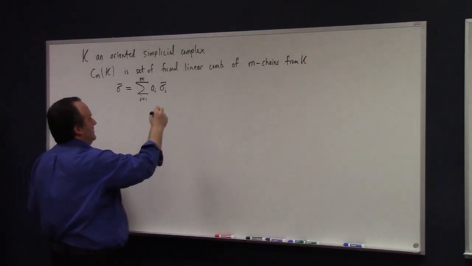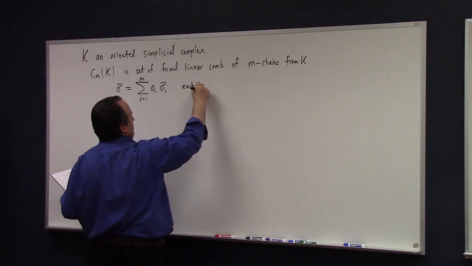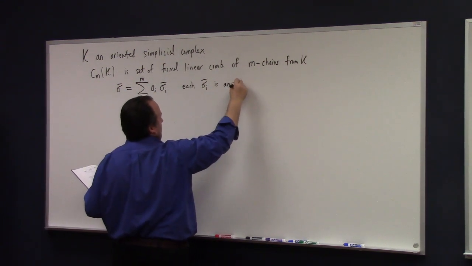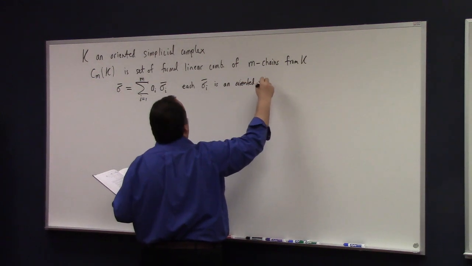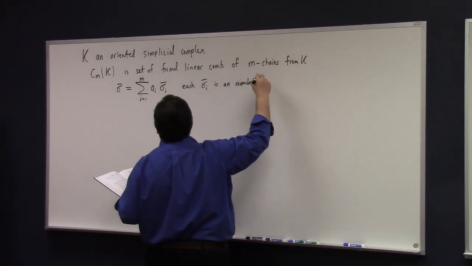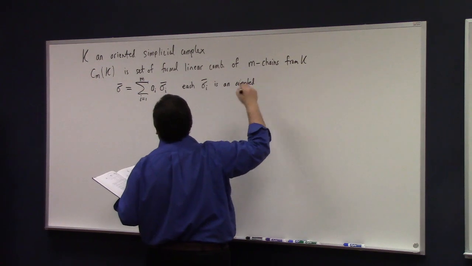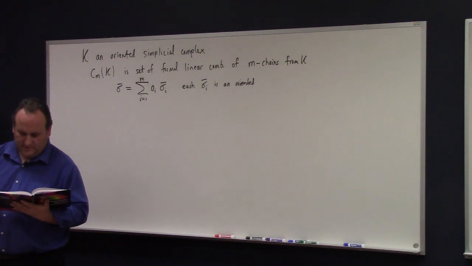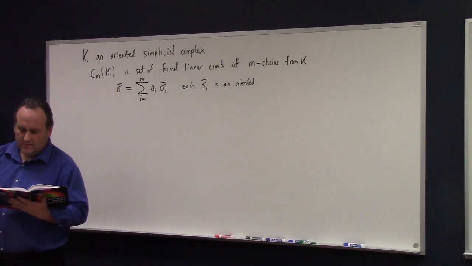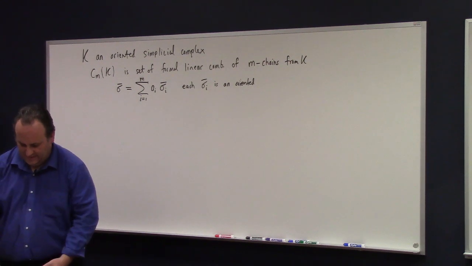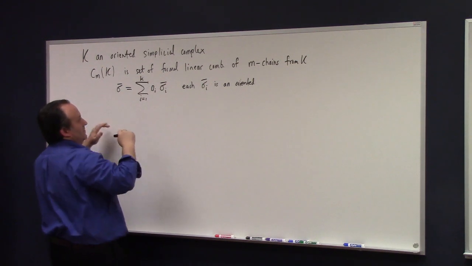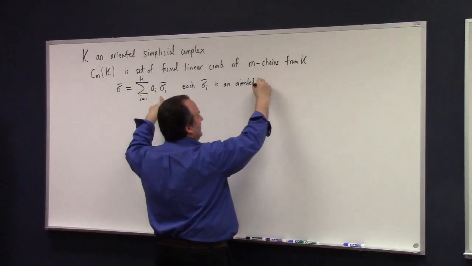And so each sigma bar i is an oriented, do I have this right? Hold on a second. I think I've forgotten my counting. M simplices. Yeah, my bad. That's not M, this could be K, whatever. Is an oriented M simplex.